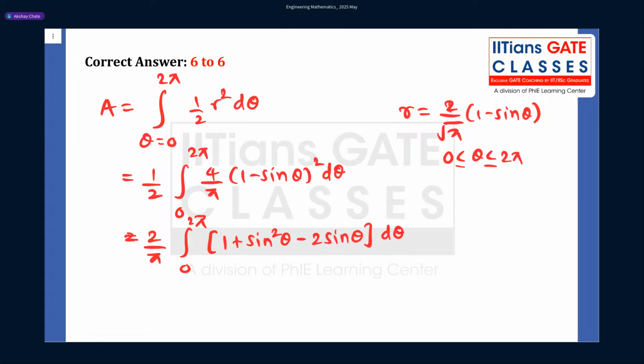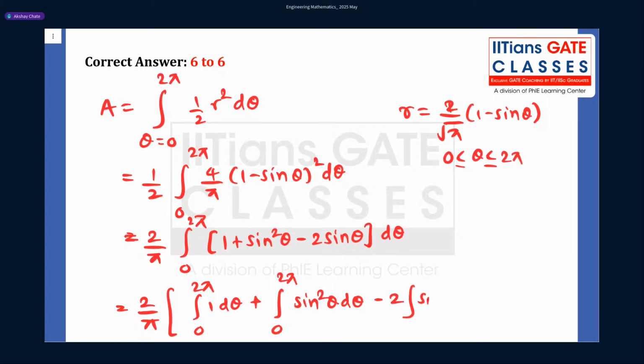Now you can do the piecewise integration also, that is fine. So now you have to integrate 0 to 2 pi 1 d theta, that is the first term, plus 0 to 2 pi sine square theta d theta, minus 2 sine theta d theta from 0 to 2 pi.